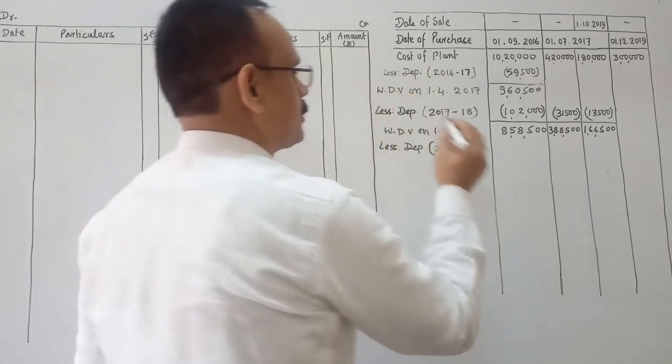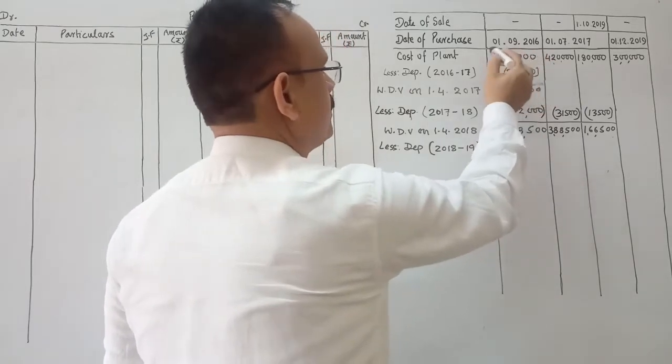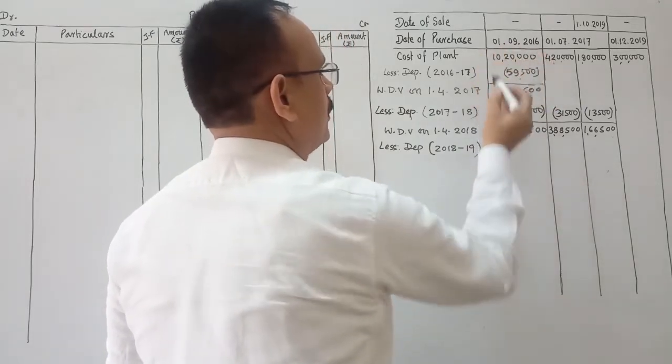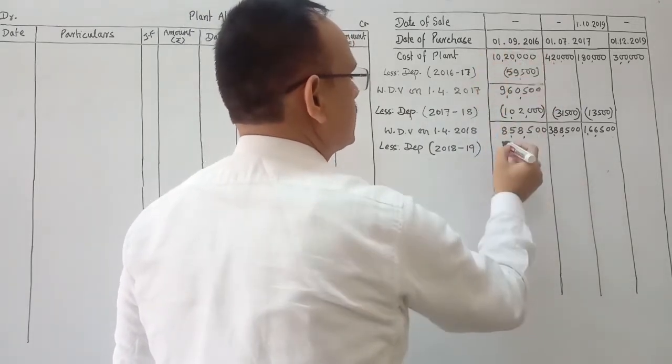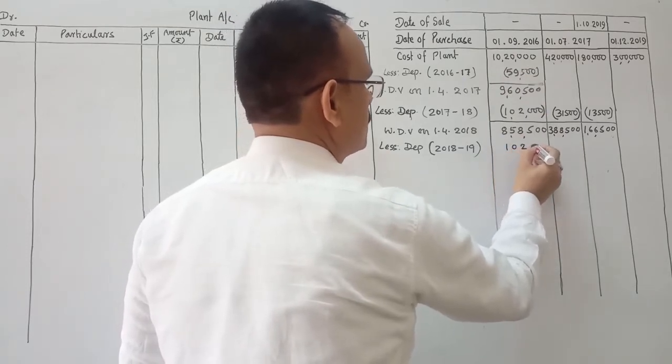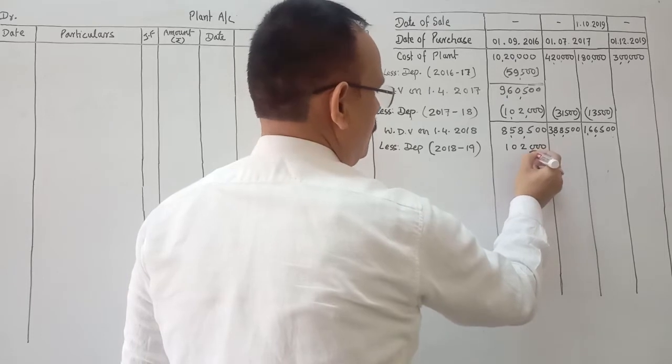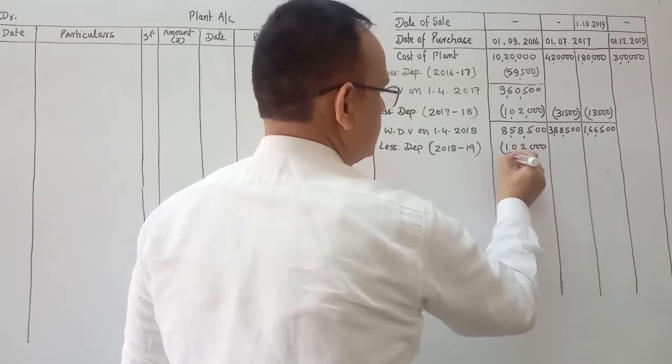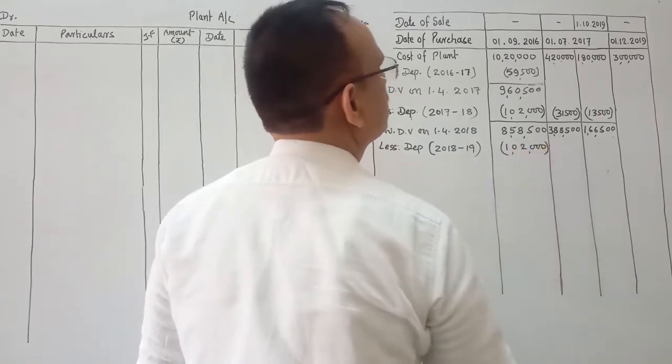On original cost method, again 10% of original cost, 10,20,000 into 10%, so 1,02,000 is the depreciation.